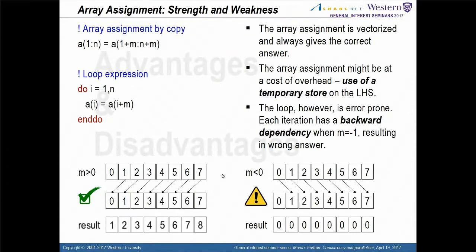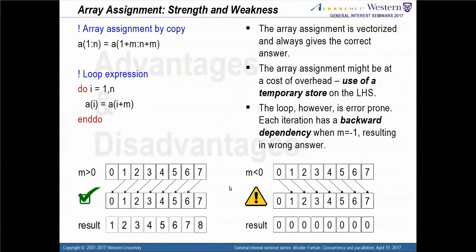So what we're trying to do is this. We have a one-dimensional array with elements 0, 1, 2 to 7, and we want to shift all the values forward a bit.